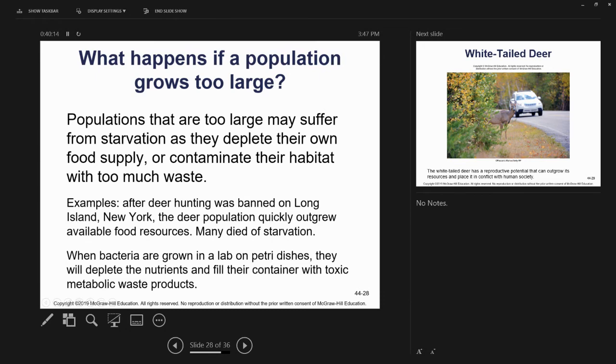So you ban hunting, and oops, now nothing's controlling that population. So hunting is a really good conservation management tool that's very important, especially in areas that don't have natural predators available.